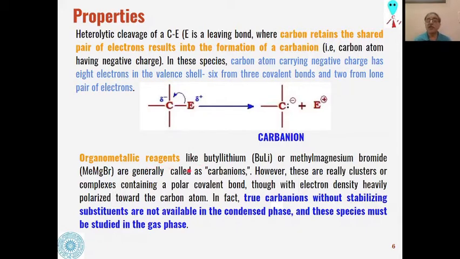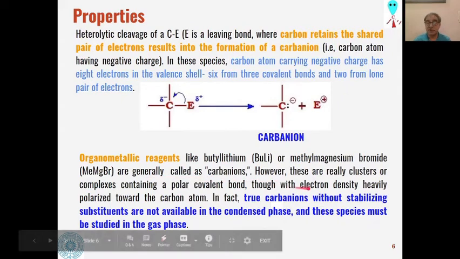Then organometallic reagents like butyl lithium or methyl magnesium bromide, a Grignard reagent, are also called carbanions, but they are not true carbanions because these are generally clusters or complexes. They contain a polar covalent bond where carbon has a negative charge and the electron density is more on the carbon atom, but they are not true carbanions.